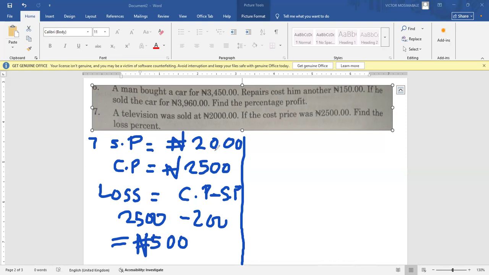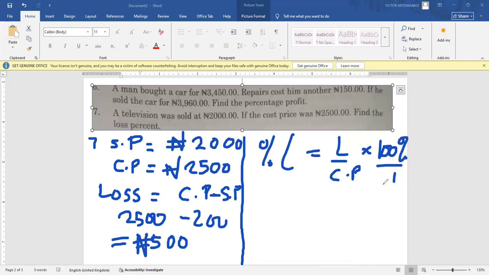Now the percentage loss will be loss over cost price. Don't forget, percentage loss is loss over the CP times 100% over 1. So loss is 500 over the CP.